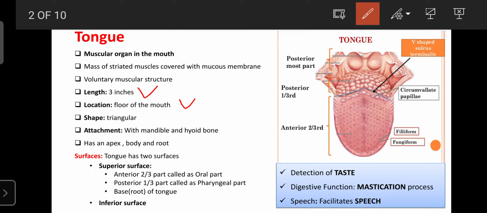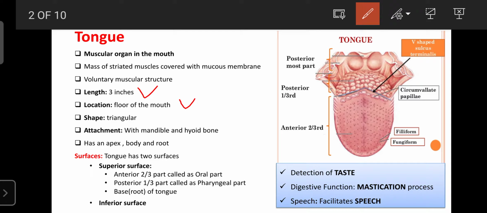It is attached to the hyoid bone and present in the floor of the mouth. That is helpful for mixing the food with the saliva that is secreted in the oral cavity.